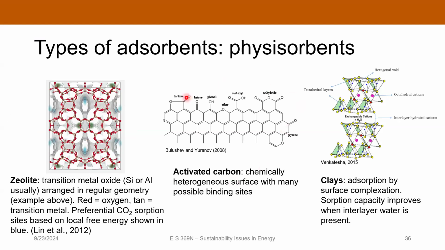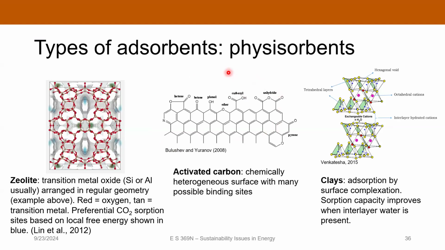Another good one is simply activated carbon. So this is charcoal. It's got a very chemically heterogeneous surface with a lot of places where CO2 can interact with the different functional groups that are sitting out there. So that's another thing you can do. Some of you may have heard of soil carbon amendment or biochar.